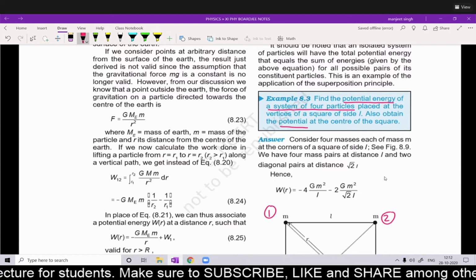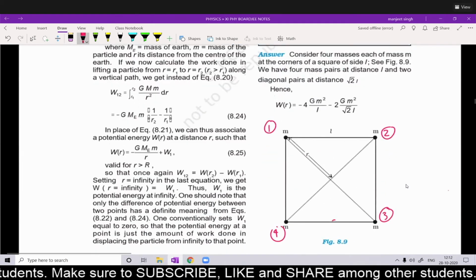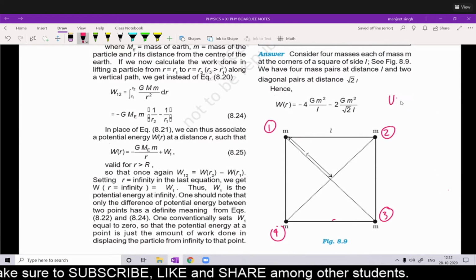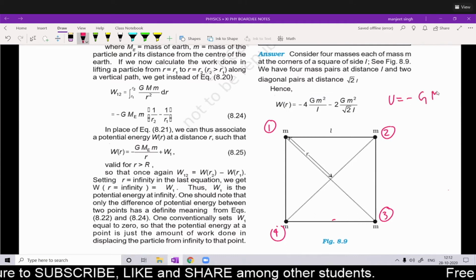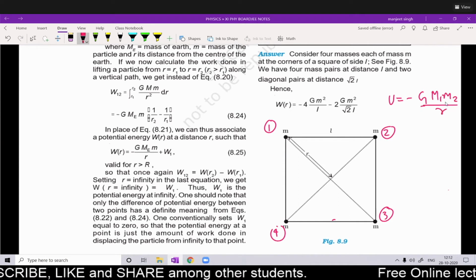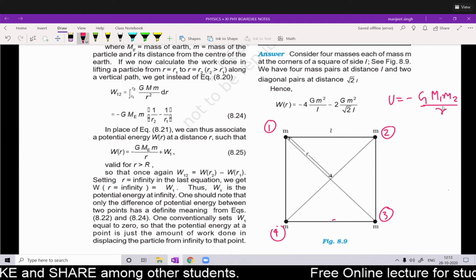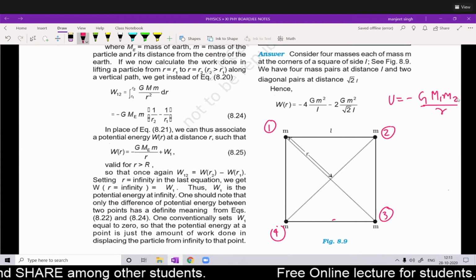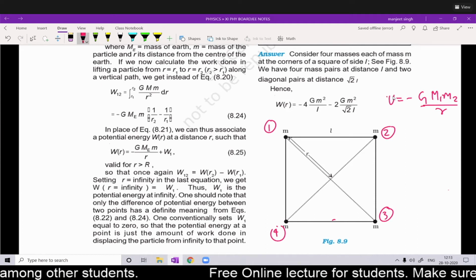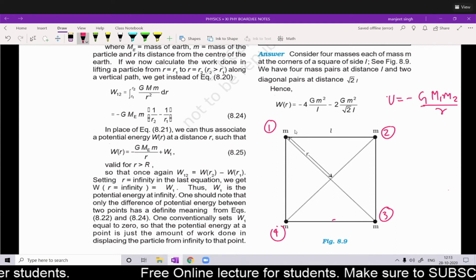The potential energy of a system of two particles is given by the general formula minus G M1 M2 upon R. In our case, the Earth and mass m system was there, so GM_E m was coming. If two masses M1 and M2 are there, you can take the factor G M1 M2 in place of that in the formula.